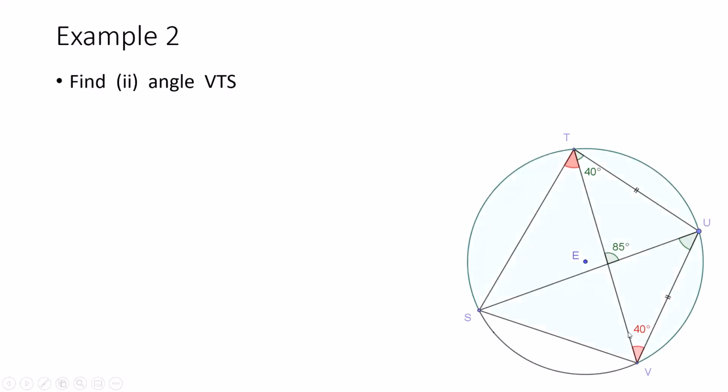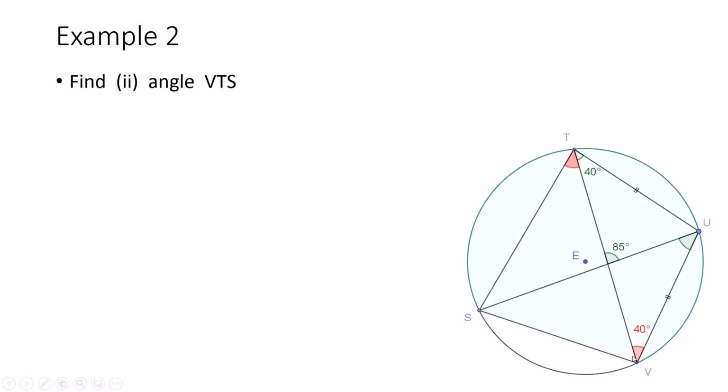So, to be able to find VTS, we can first find VUS. But remember that this is only one way of finding the solution. There are many other options. So I will solve this problem by first finding angle VUS.